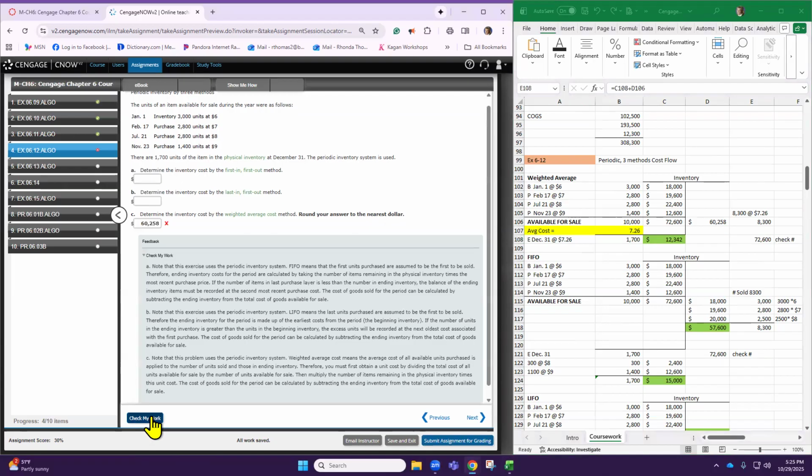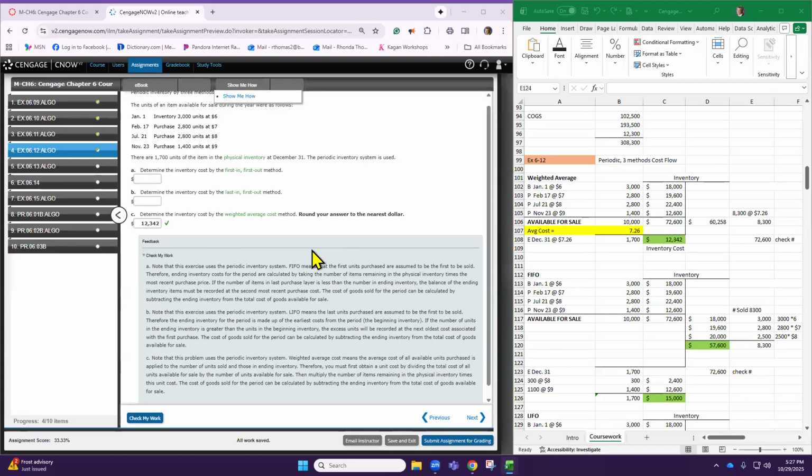So let's check my work. Okay, let me go back. Sometimes the language is kind of crazy, but what we're trying to find is the inventory cost.